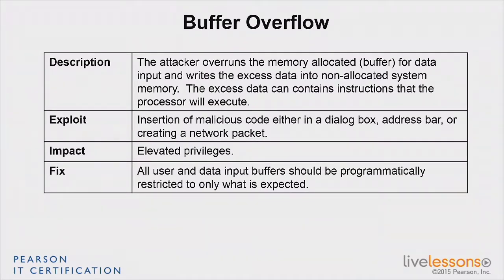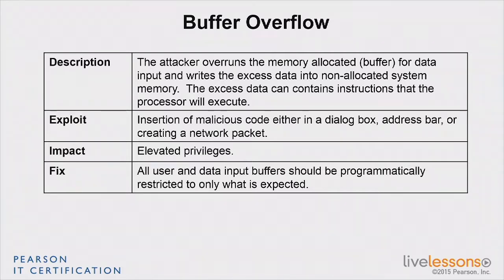So in a buffer overflow, the attacker overruns the memory allocated, which is the buffer, for data input and then writes the excess data into non-allocated memory. The excess data contains instructions that the processor will execute. So the exploit is insertion of malicious code, either in a dialog box, an address bar, or creating a network packet.